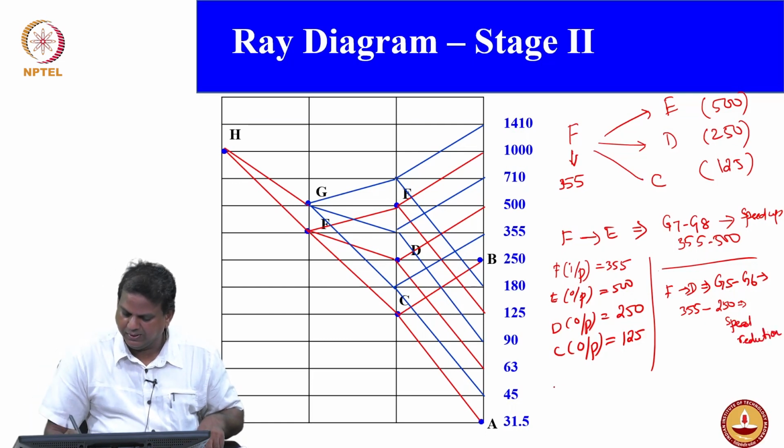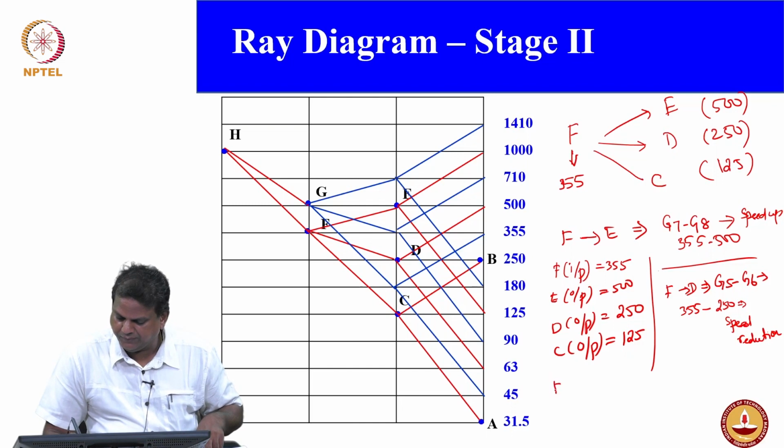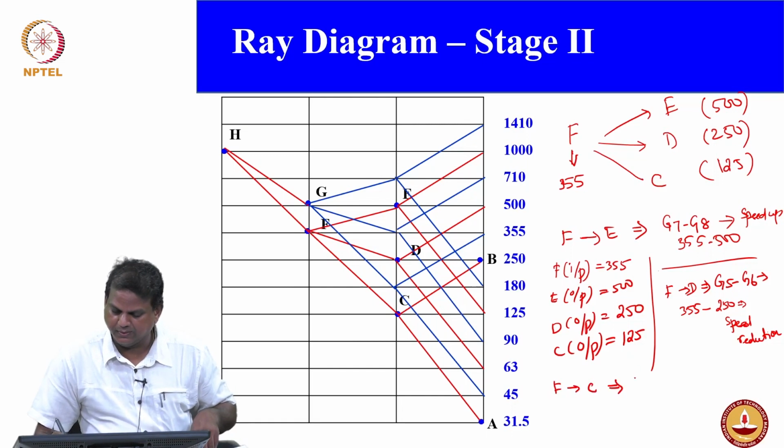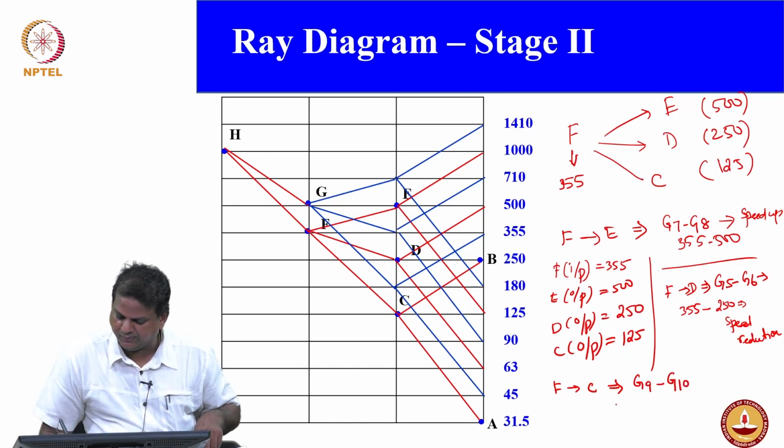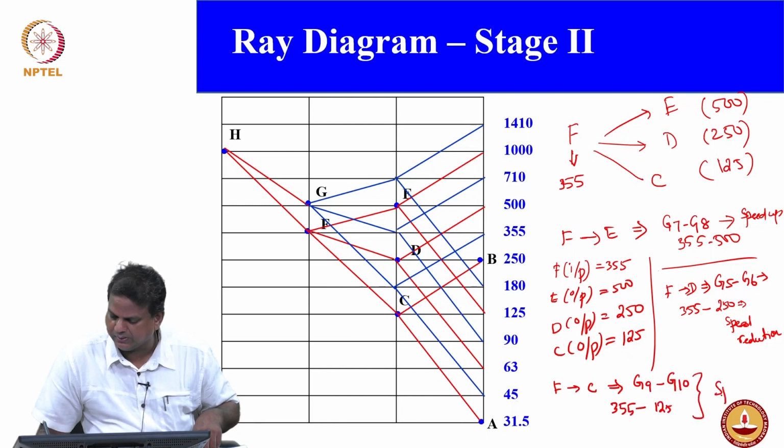Now finally we look at F to C. What gears are meshing? Gear 9 to gear 10. So the speed would be 355 rpm to 125 rpm. So clearly this is also speed reduction.